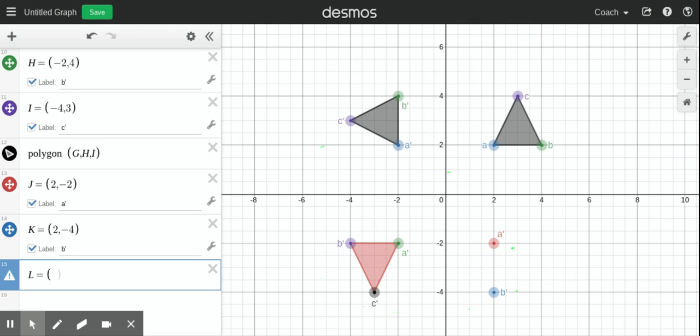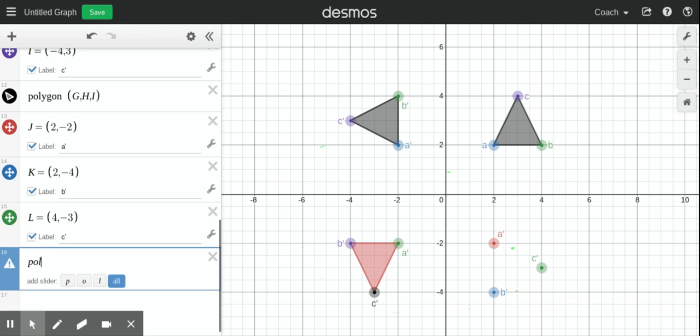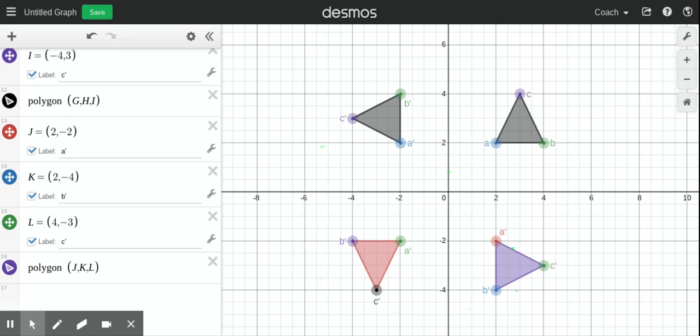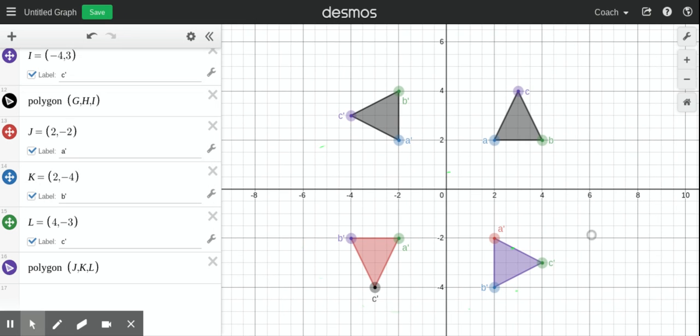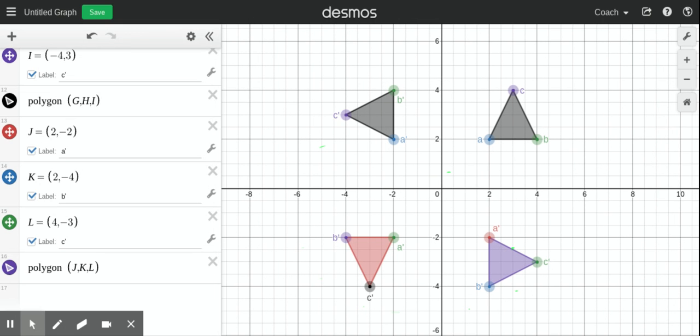C was originally (3, 4), so now it's going to be (4, -3), C prime. And now the purple one is the original triangle rotated 90 degrees clockwise.